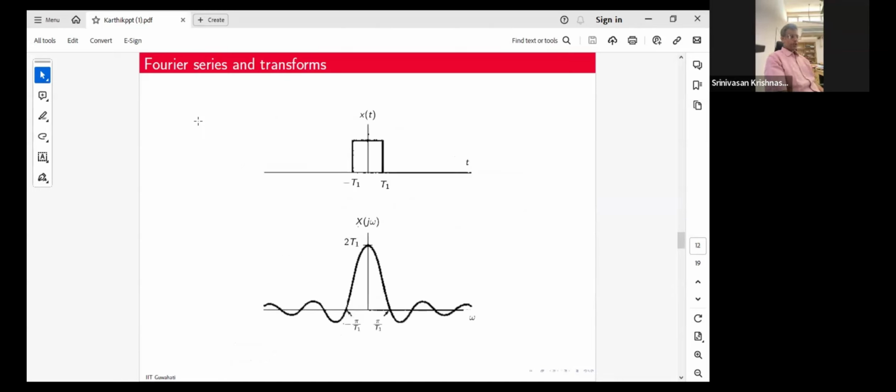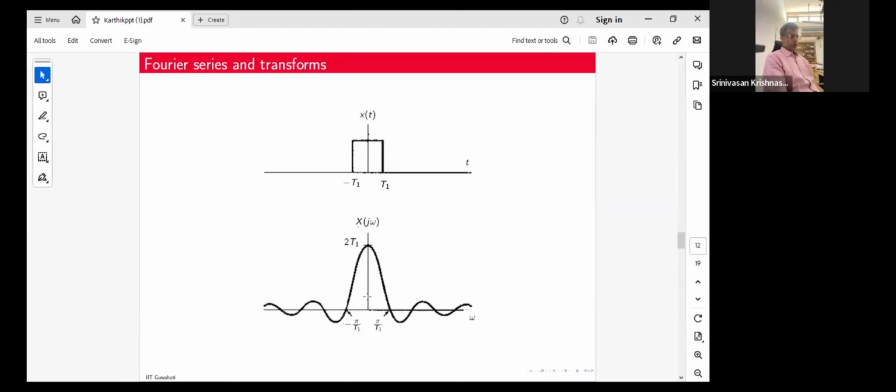Suppose I just have a square wave. The magnitude response of the square wave is going to appear something like this.